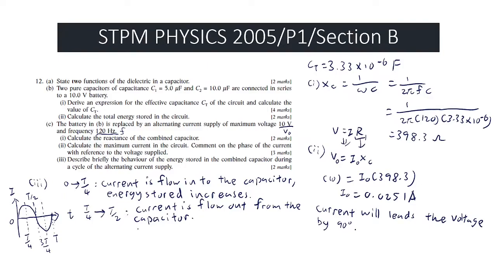And so the energy stored decreases, and now this T over 2 to 3T over 4 is the same as this 0 to T over 4.